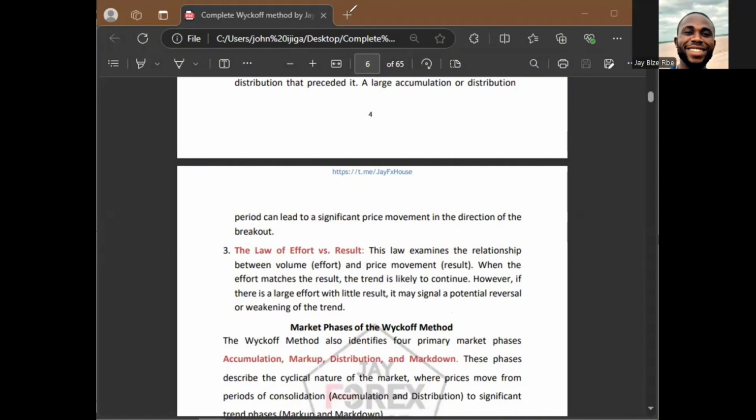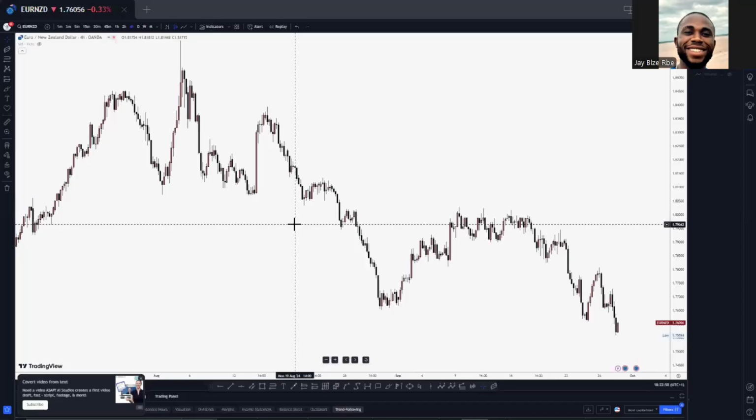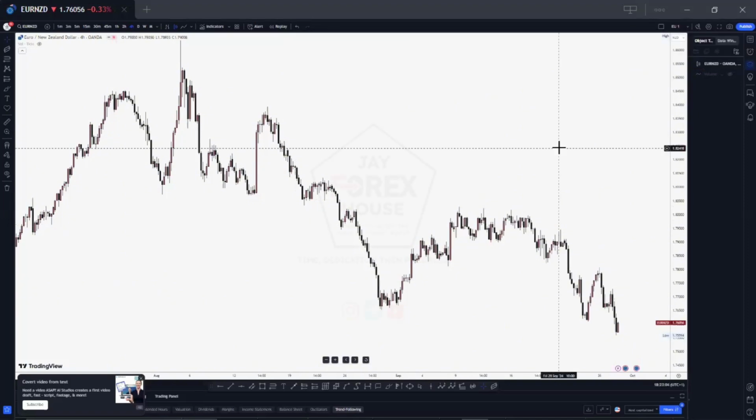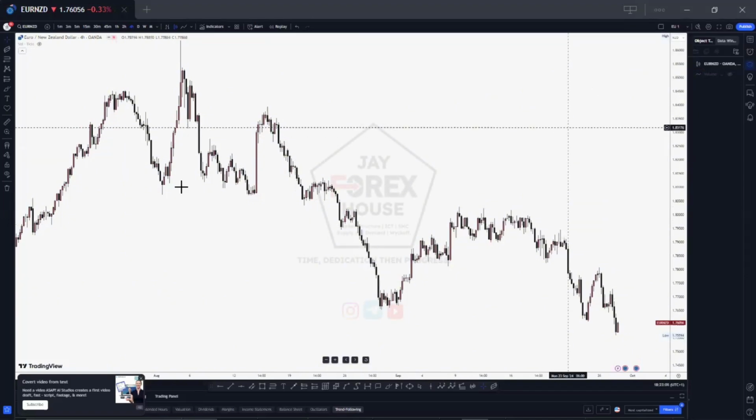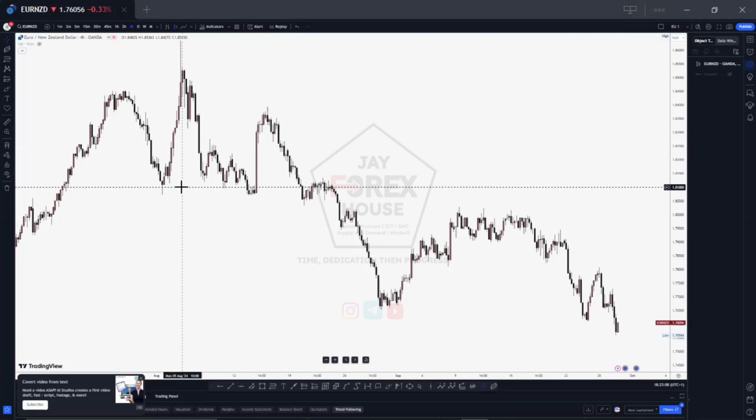So let's head on to the chart. Let's give a little breakdown. I'm not going to be giving much breakdown on the accumulation schematic because, like I said in the previous video, it's simply a flip of the redistribution. So if you understand the redistribution, you just flip the concept. And when you're in a bullish trend, you expect a reaccumulation.